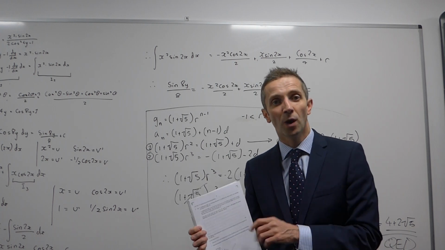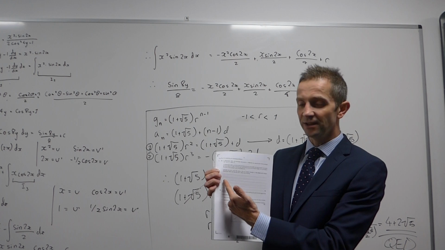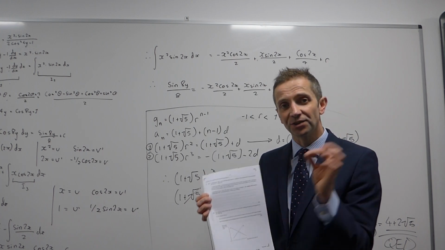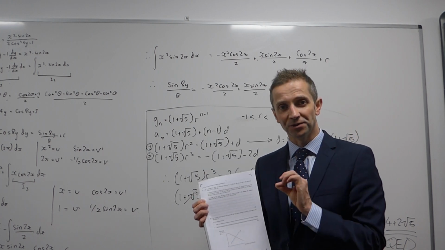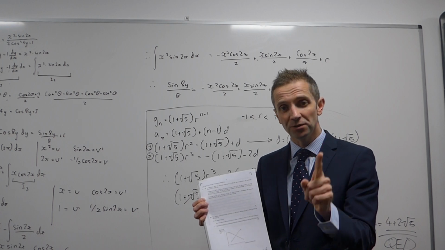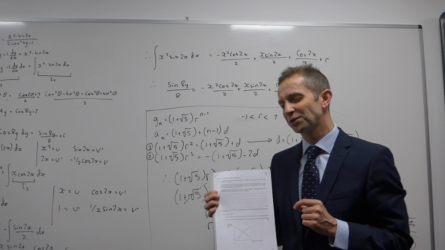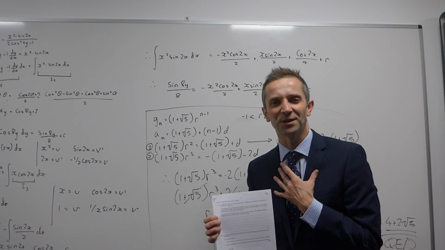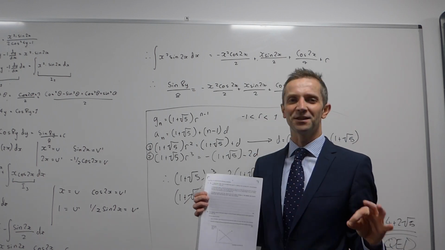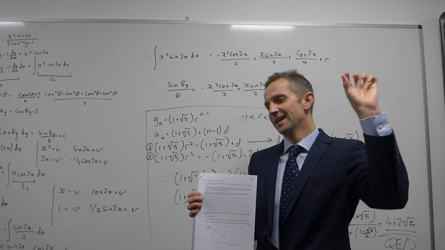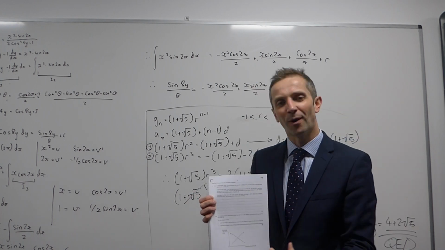So what to do if you get to the end of the allocated space and you have not finished your answer? Well, quite simply, ladies and gentlemen, do this. Put a little note to the examiner, because there's nothing worse than marking what you think is all of the answer, and then you get to the very end of the script and you find that there are all these additions to various parts of the paper.